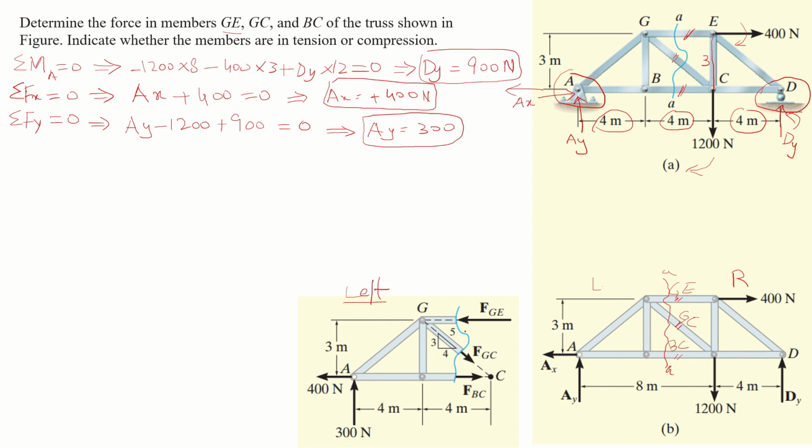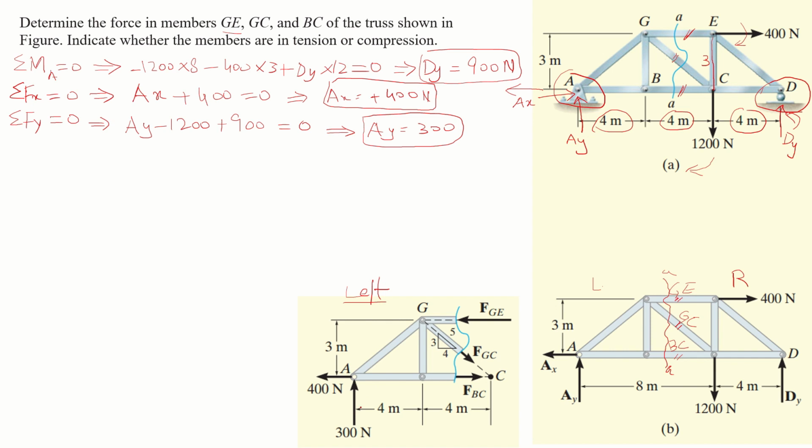And now these are the known forces, and AX is directing towards left side, so it would be balanced by a force which is on the right side. You can see here we have placed the direction of FBC, the force in the member BC. FBC stands for the force in the member BC, and we have given it a direction towards the right.